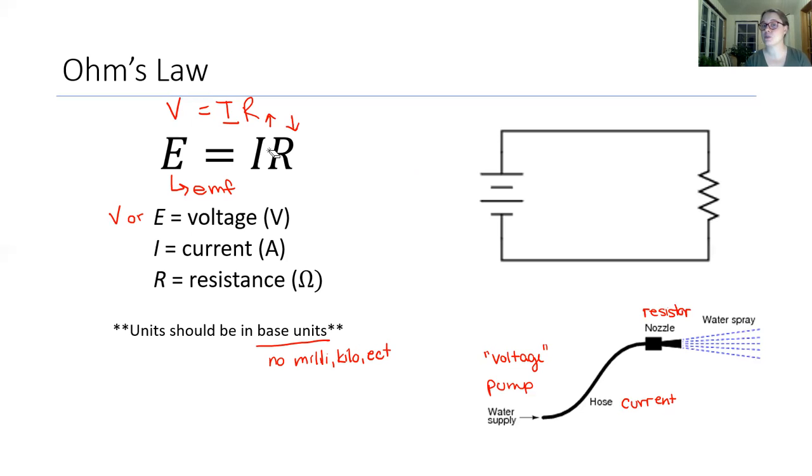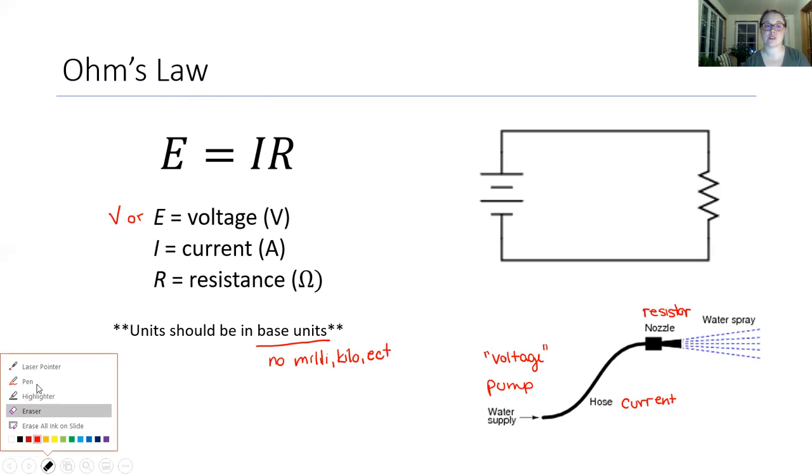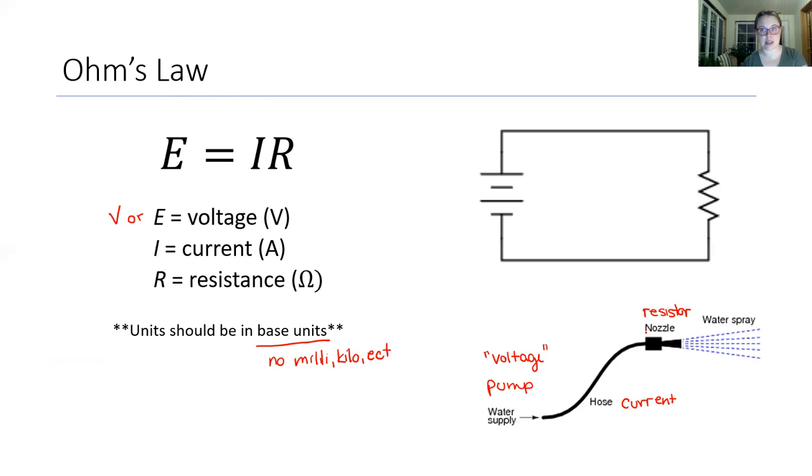Notice they're multiplied together, and when we did inverse proportions, we always multiplied our two units together. Okay, so that's if we change the resistor. Well, what if we leave the resistor the same? We're going to leave the nozzle at the same setting, but I want to increase current flow. Well, we could increase the amount of pressure at the pump.